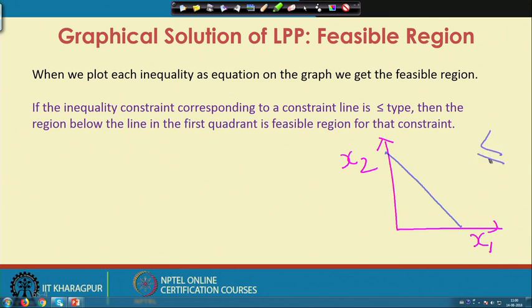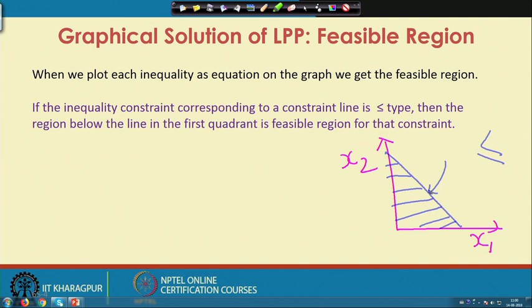So, the region below this line in the first quadrant is feasible region for this constant. That means, this shaded region is the feasible region for this constant.